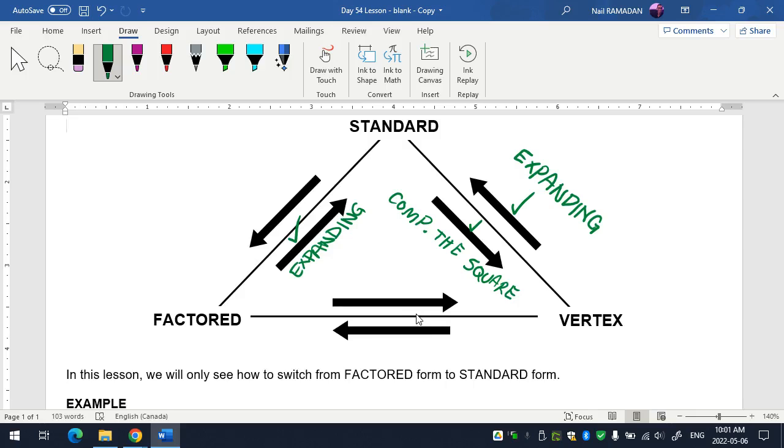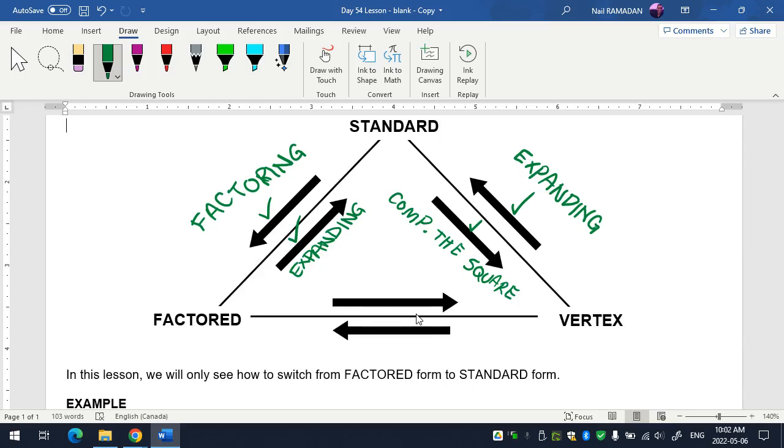Factoring is a huge part of quadratics, and we will do a lot of factoring next week. And Mr. Fonseca will revisit and also extend on factoring in grade 12 if you happen to take it with him as well. Okay, how many sides of the triangle are we done? Two. Okay, how about the third side?